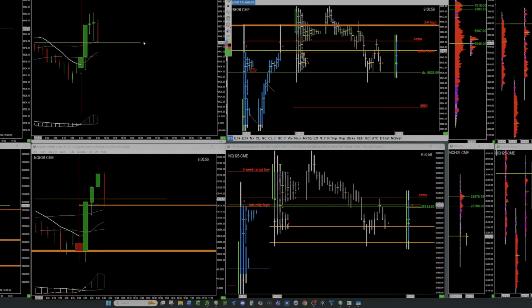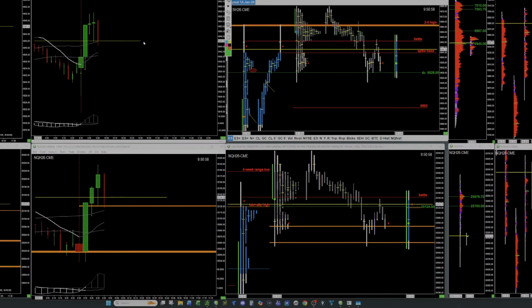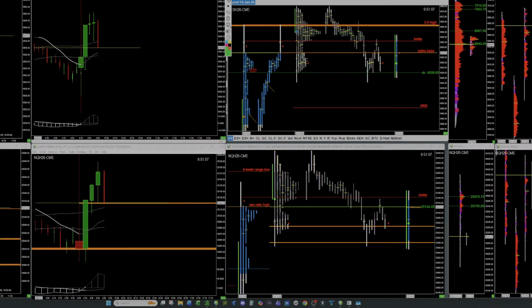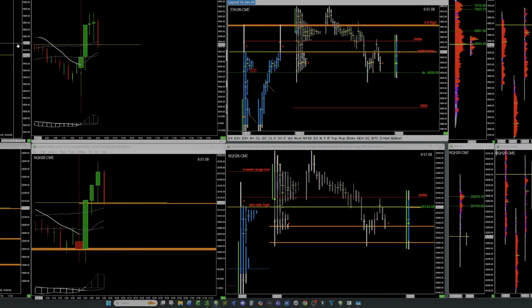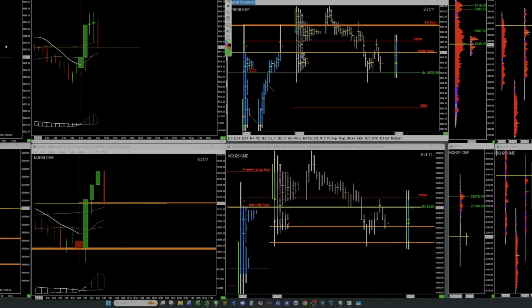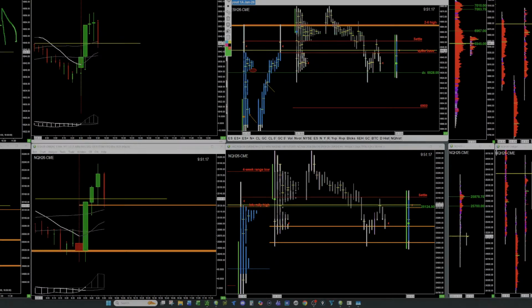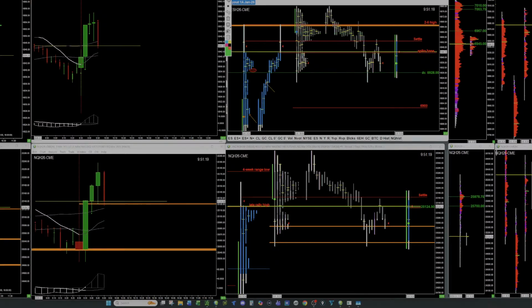Now, if this market cannot have downside extension, it actually may look to the upside. Ooh, look at this up here. Kind of like a dry-up, bottom dries, that it couldn't find buyers here.